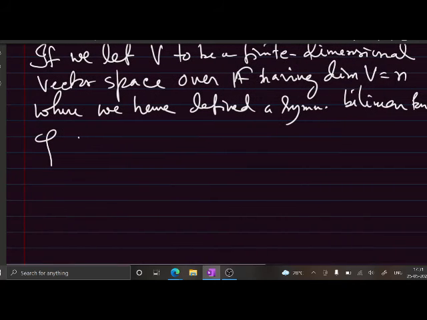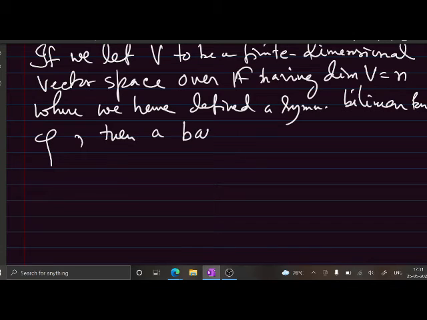Then a basis, suppose you take e1, e2, en, because its dimension is n.